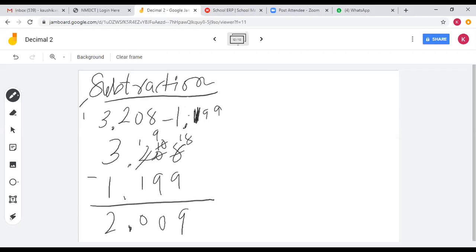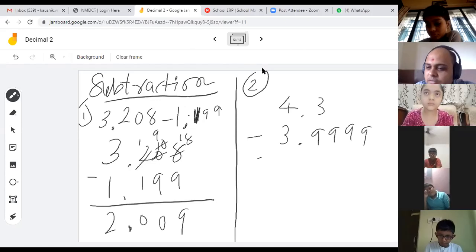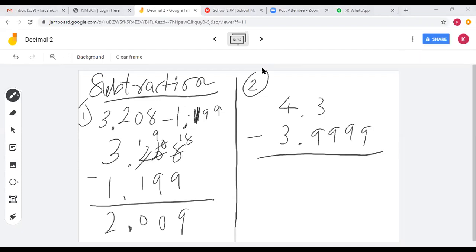Let's do one more example. What I have done here is from one simple sum, we have to make them like decimals. So we put as many zeros as there are digits in the other number. The number of digits after the decimal point you have to keep the same.